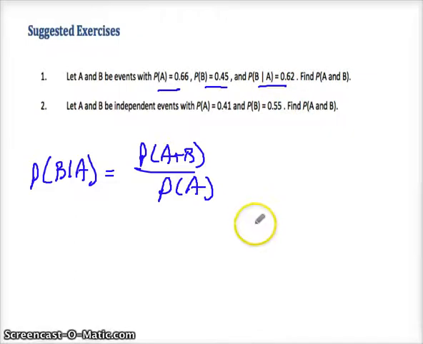They told you the probability of A is 0.66. They told you the probability of B was 0.45. And they told you the probability of B given A is 0.62.